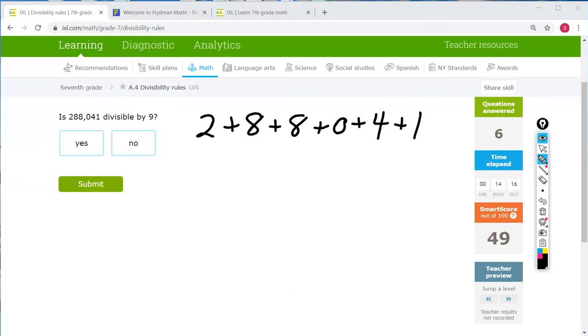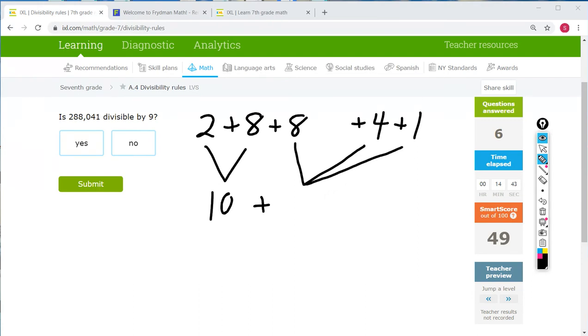Let's see, is there a convenient way that I can add these? Well, actually, 2 plus 8 is 10, so that was pretty good. Plus, I can ignore the 0, because the 0 doesn't even do anything, so I don't even have to worry about adding 0 to this. And then I have to add 8 plus 4 plus 1. So let's just do that all at once. 8 plus 4 is 12, plus 1 would be 13.